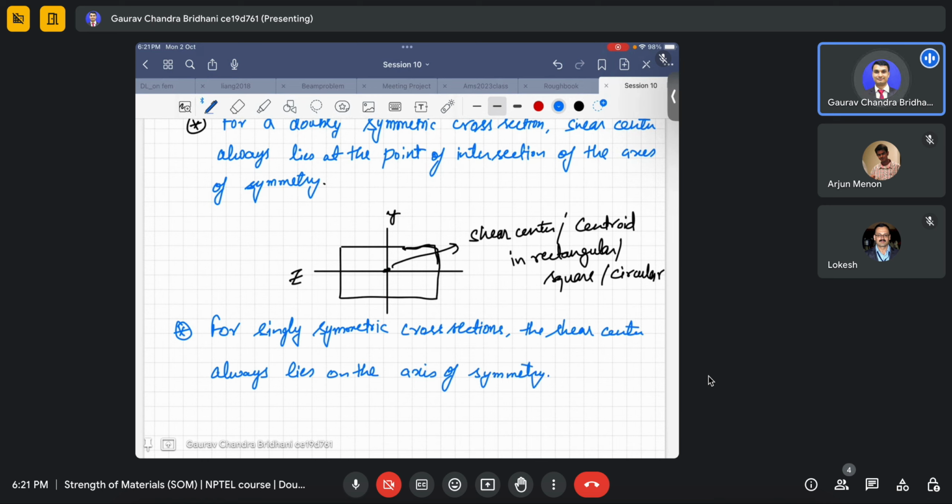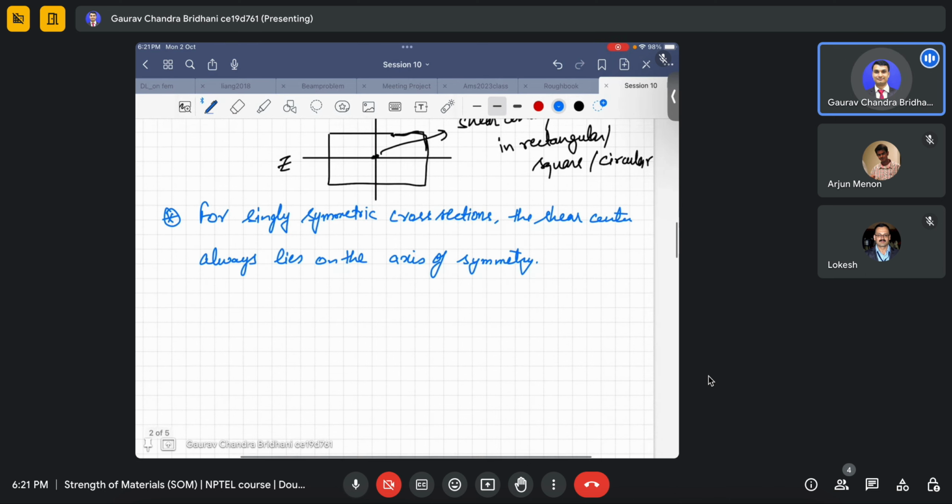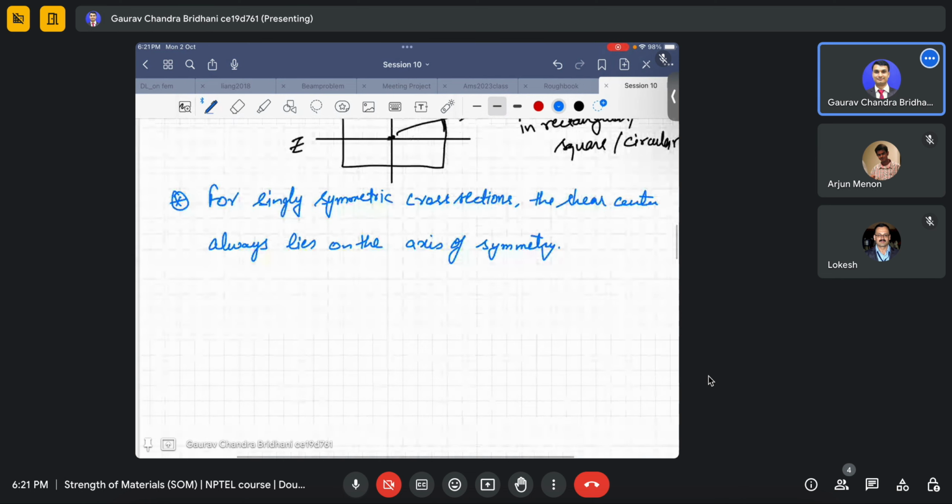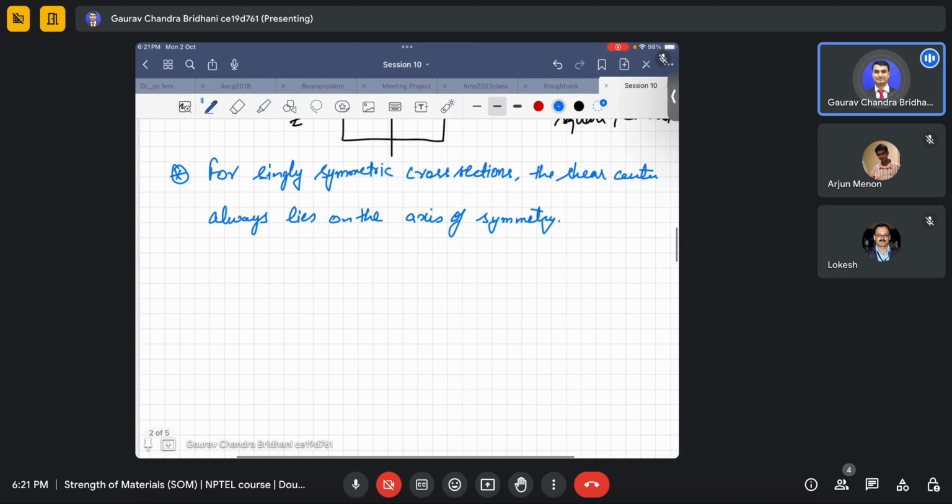If your cross section is singly symmetric, not doubly symmetric like a square or rectangular one, then the shear center will lie on the axis of symmetry. Let's have an example of this. The best example is a channel, a C section as we also call it.